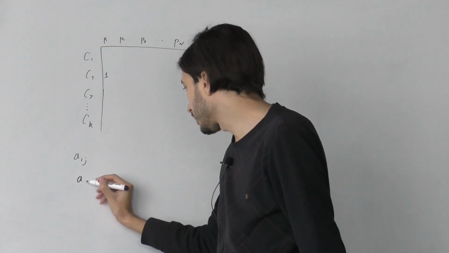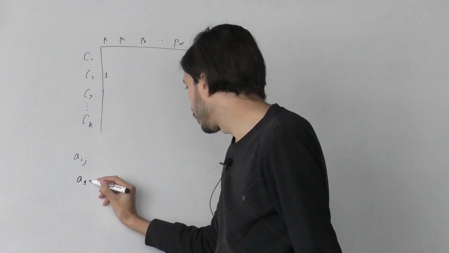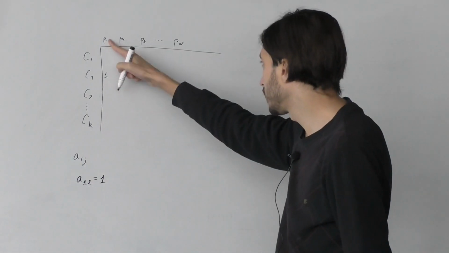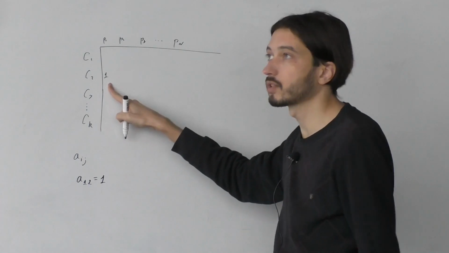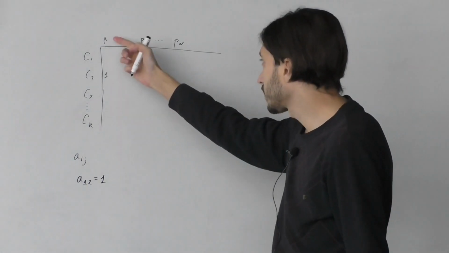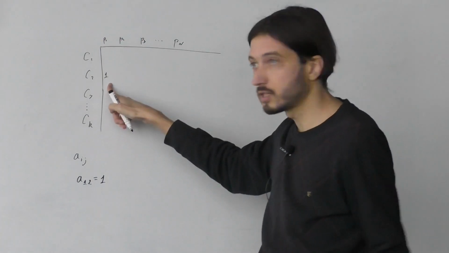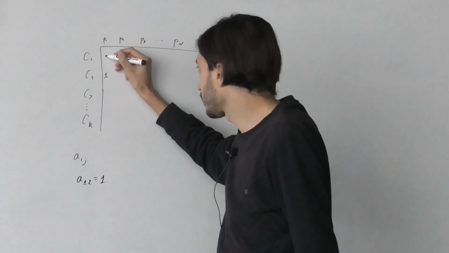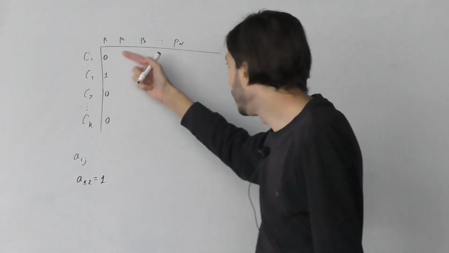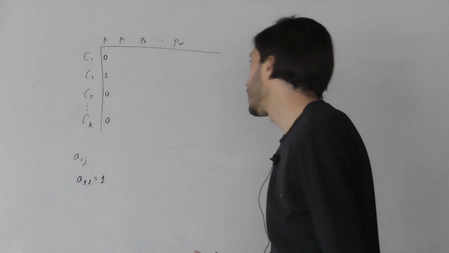That will mean that a_12 will be equal to 1, because my point 1 is prescribed to cluster 2. Of course, if I am prescribing some point to some cluster, I expect that it's not prescribed to any different cluster. So here I should have zeros. And that will be the case for each point in my data set.